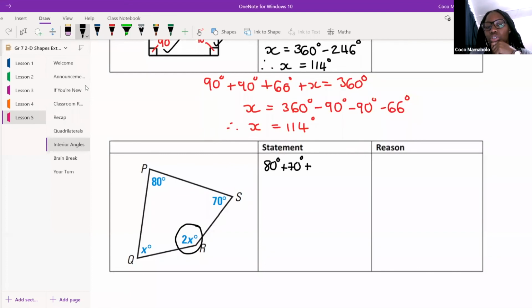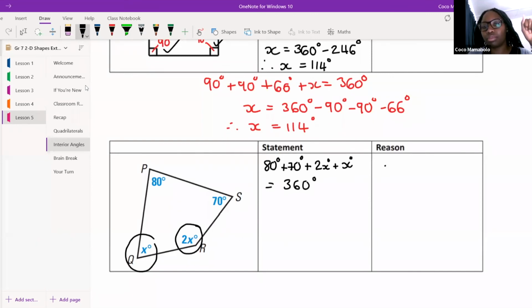Oh, the power is giving you the 2x. So it's variable. Good. 2x degrees. Plus what? Plus x degrees. Excellent. Plus x degrees is equal to, let me not forget, 360 degrees. Excellent. And what's my reason, Monde?